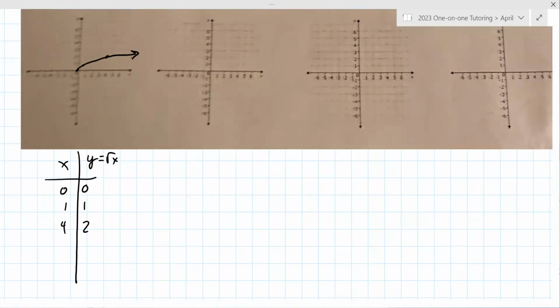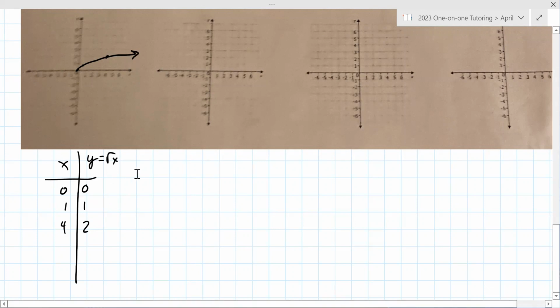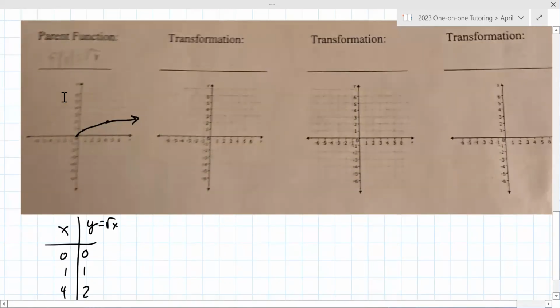I'm not super sure what her numbers are. She's going to have them up on the board for us, or actually I might have a picture. Sometimes you get the parent function tables given to you, and that's why I'm asking, just to make sure you've got them down. Oh yeah, I got those down.